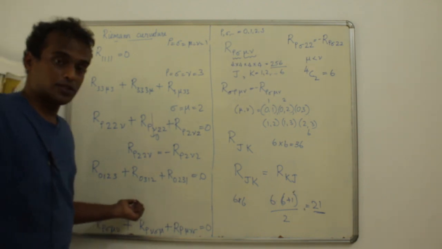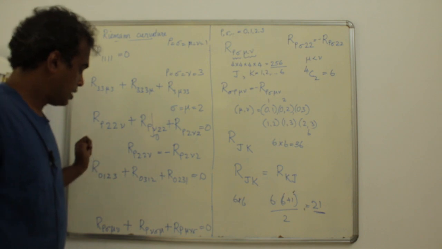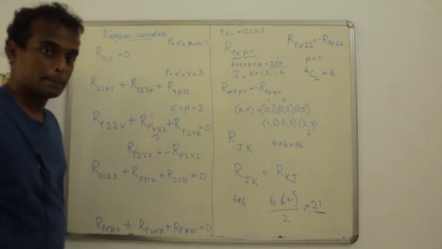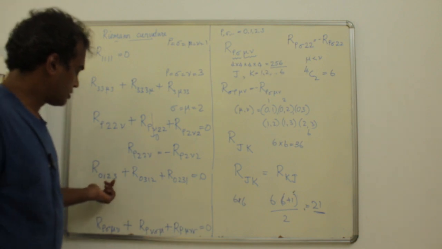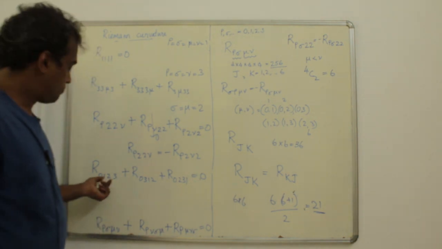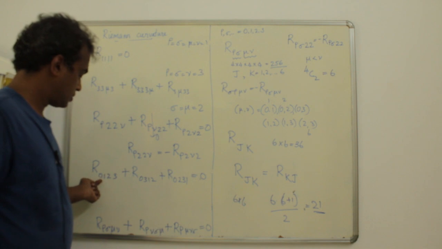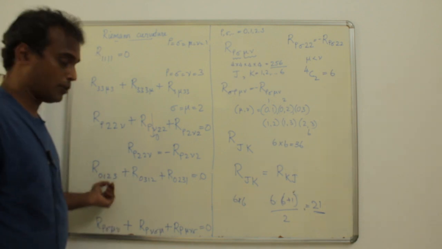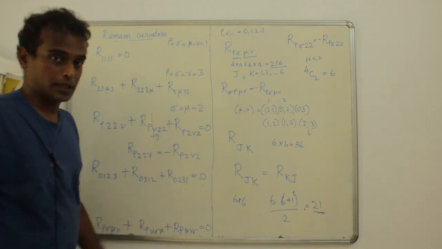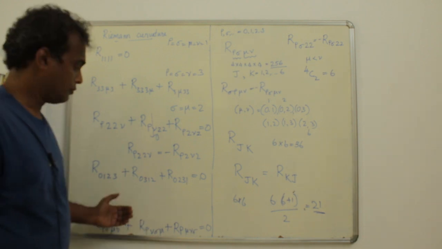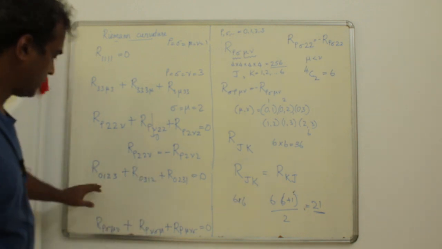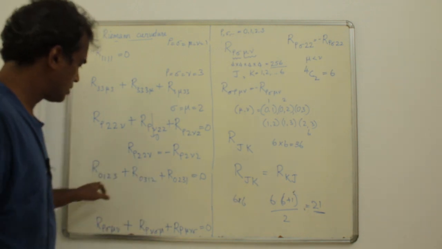Now, how many components does a Riemann tensor have such that its indices are different? That is given by the permutations of the 4 numbers 0, 1, 2, 3. The total number of permutations of 4 numbers is 4 factorial, which is equal to 24. For 24 components, we could write similar identities.